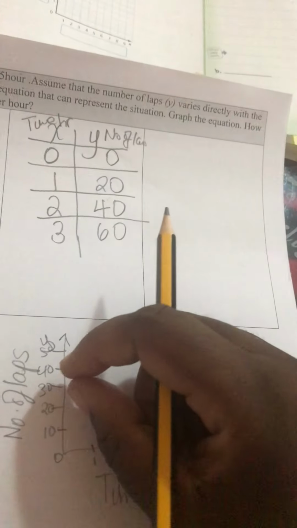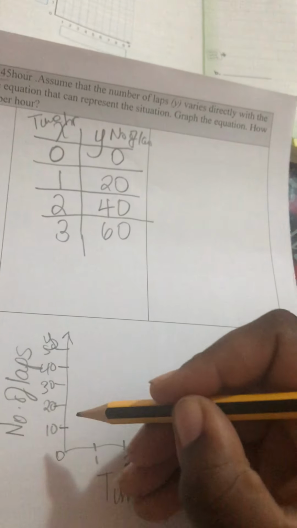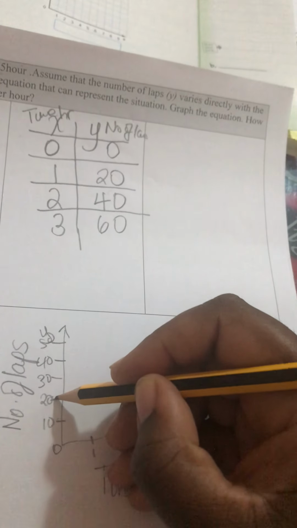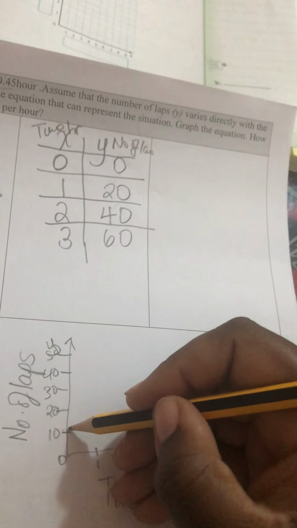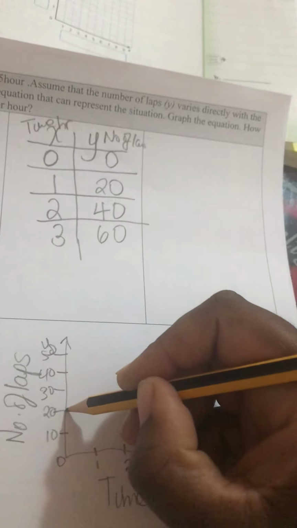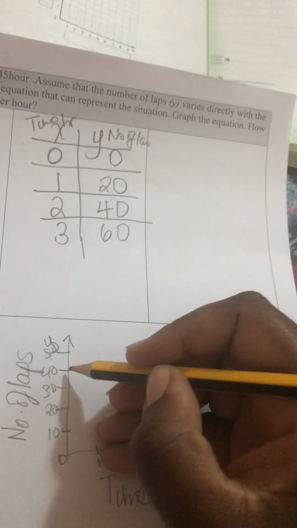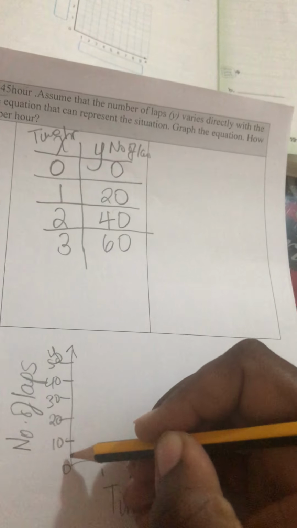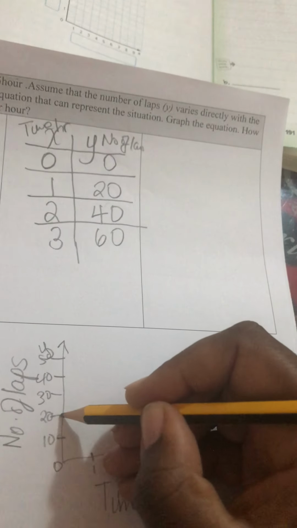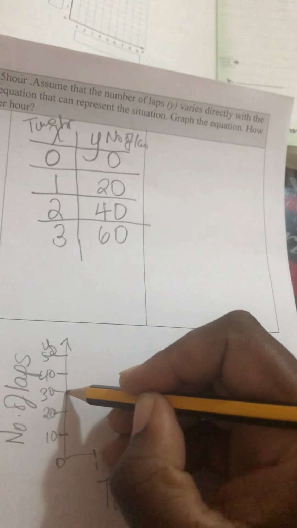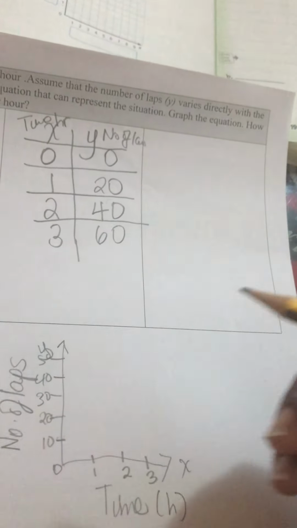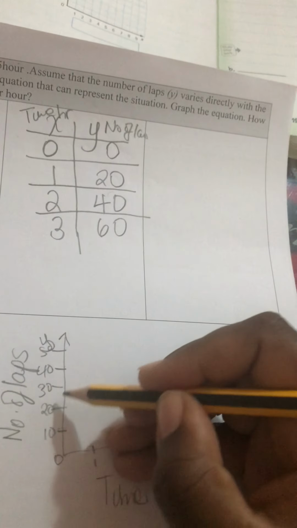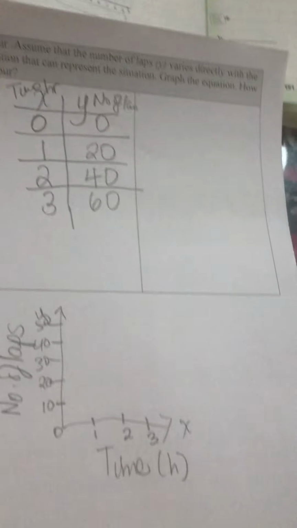That's what I am saying. Every box is 10. I cannot write 0, 20, and then 30. That will not be correct. 0, 20, 40, like that. 60, 80, 100. If this was 3, 0, 3, 6, 9, 12, 15. If this was 2, 0, 2, 4, 6, 8, like that.